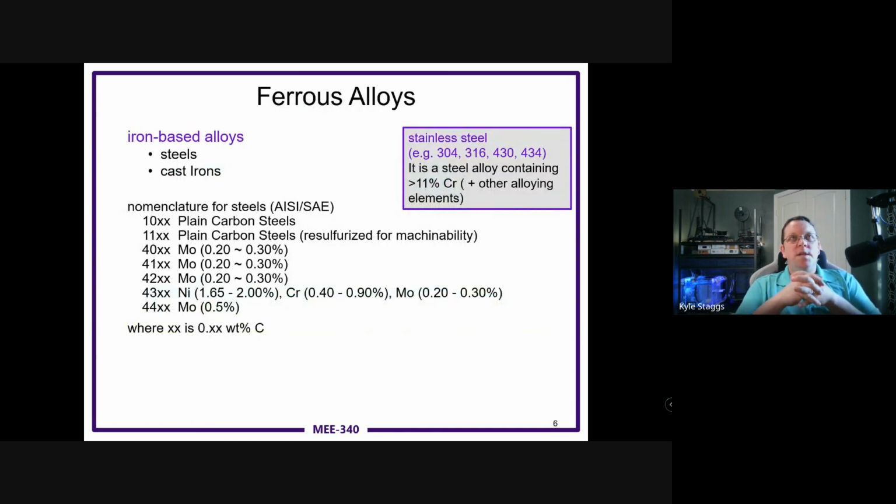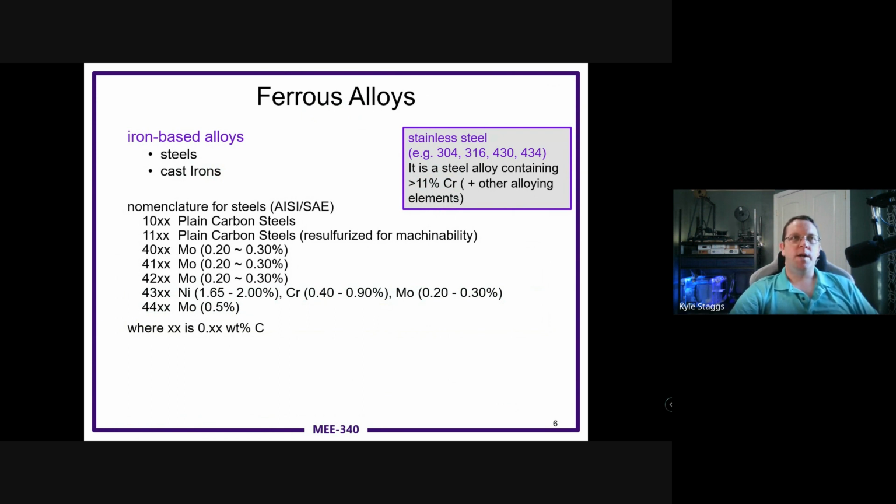So naming schema are important. This is based on the AISI and SAE standards for nomenclature. 10 and 11 series are going to be plain carbon. In the 11 series, they've added in some sulfur to try and make machinability a little bit easier. Those are not things that need to be hardened for particular applications.